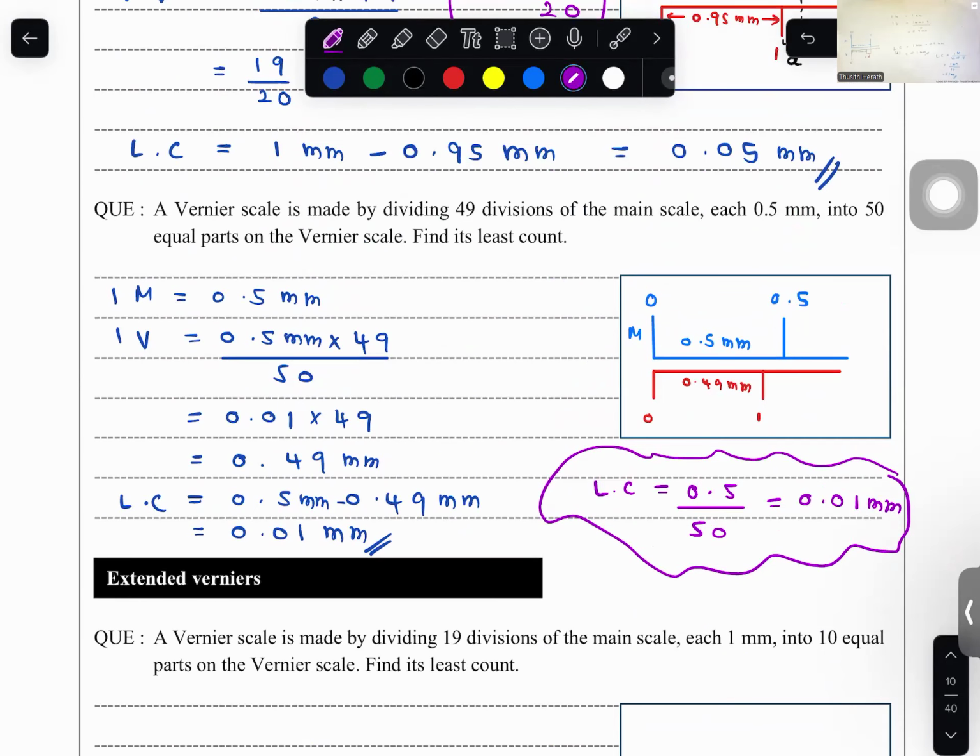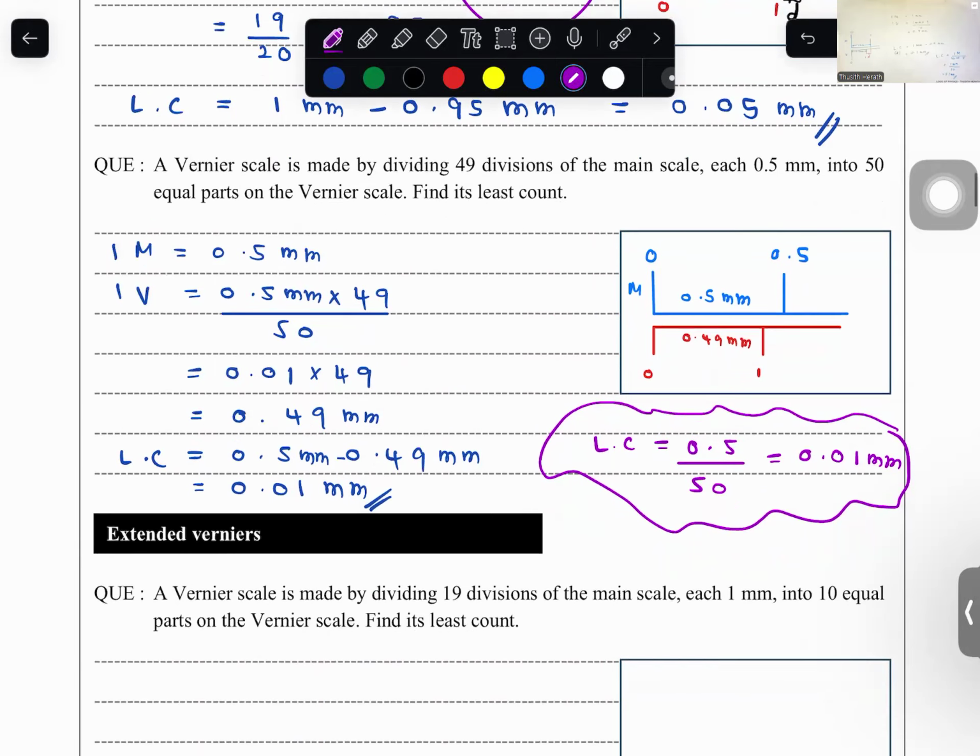Complete the second question. Everyone completed? I guess yes.